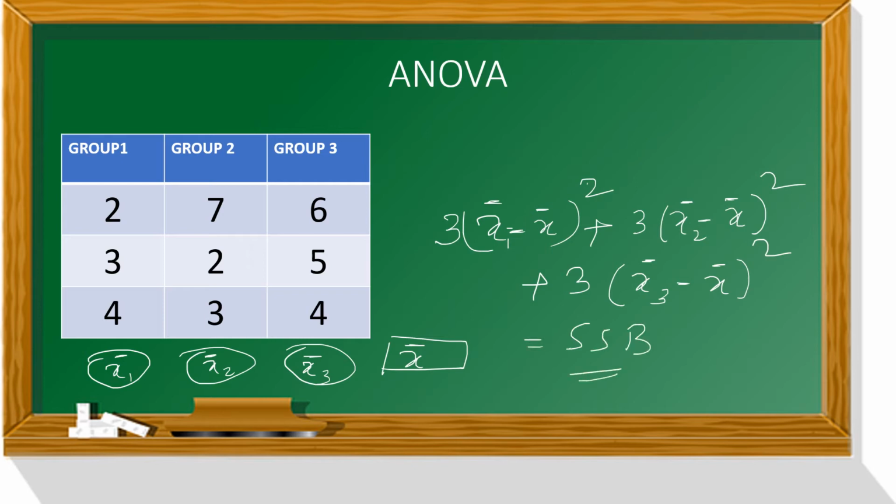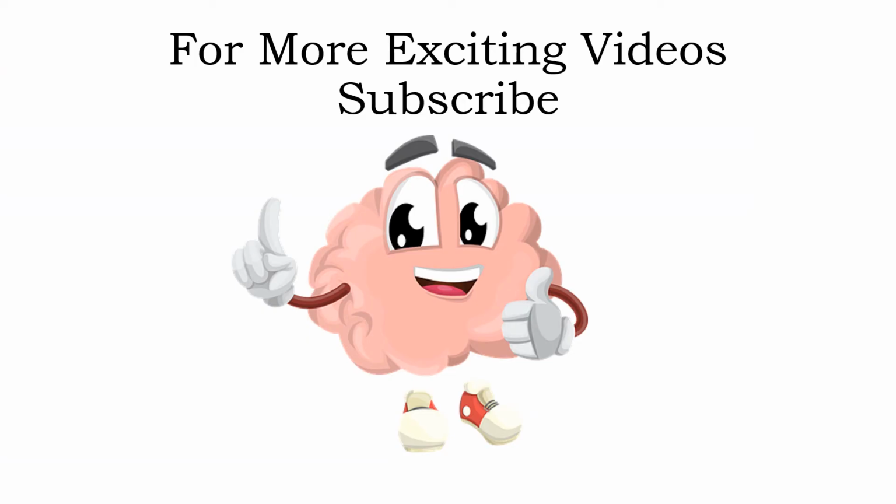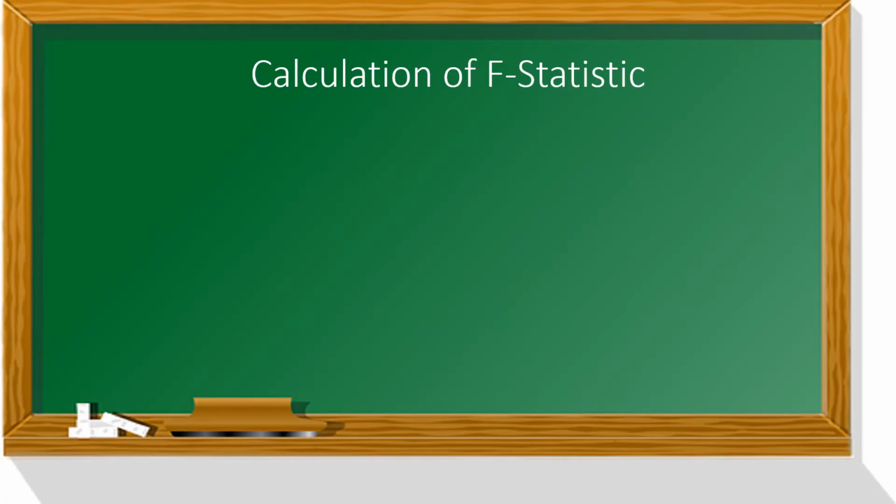So we have calculated SST, SSW, and SSB. What we'll do next is see whether the variation between these groups is due to chance or whether there is actually a difference in the populations. So we have to calculate the F statistic.